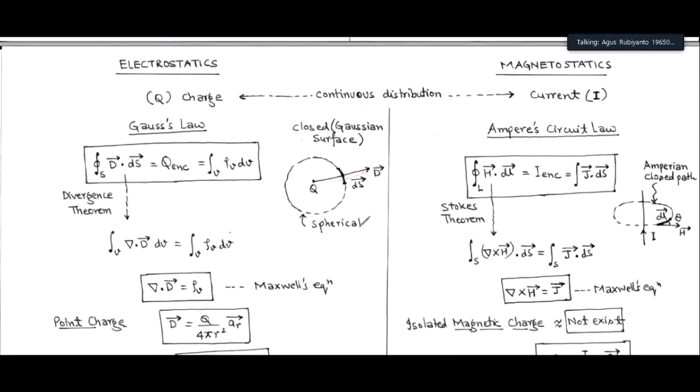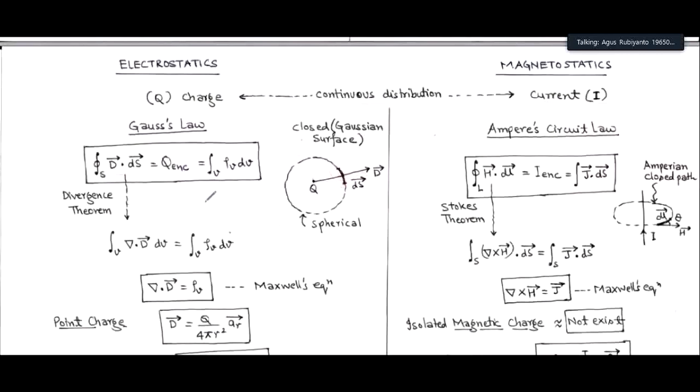So on this Gaussian surface we consider a differential surface dS vector, and the direction of this dS vector is also normal. So the direction of dS vector and D vector is the same. And after taking a dot product over a closed surface integration, that equals the charge enclosed by this Gaussian surface, and this is called Gauss's law.